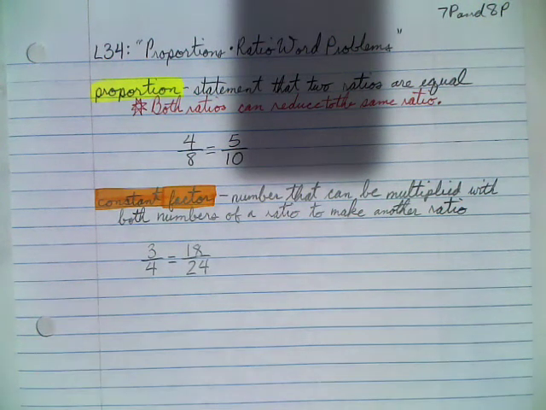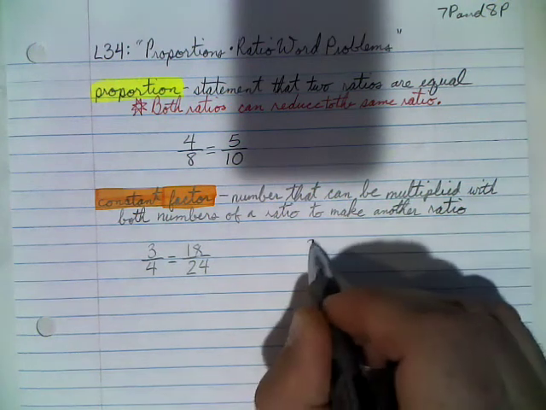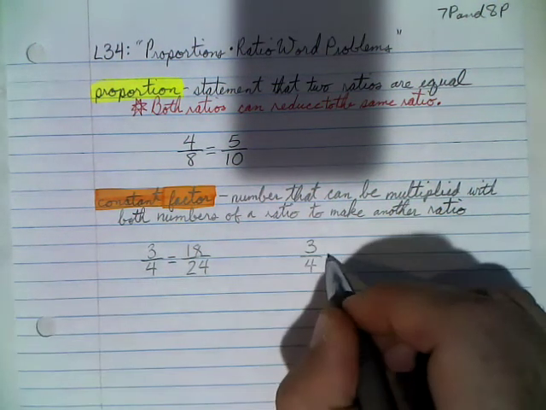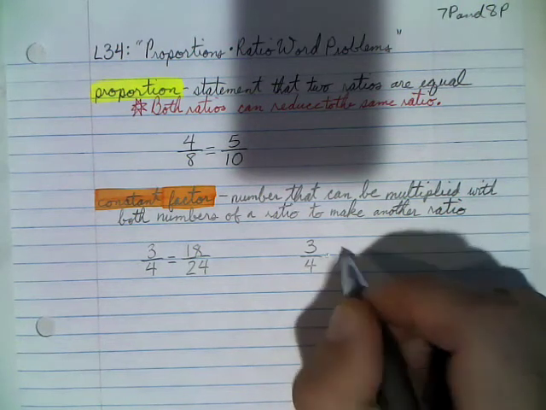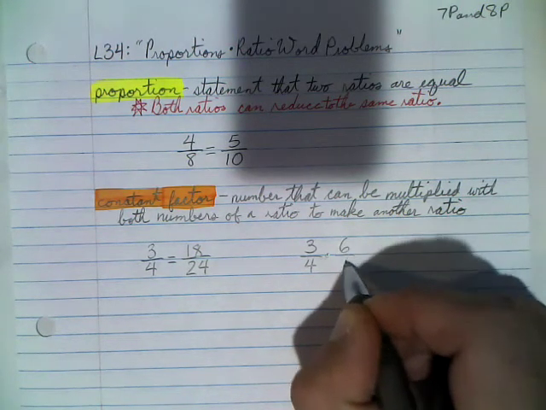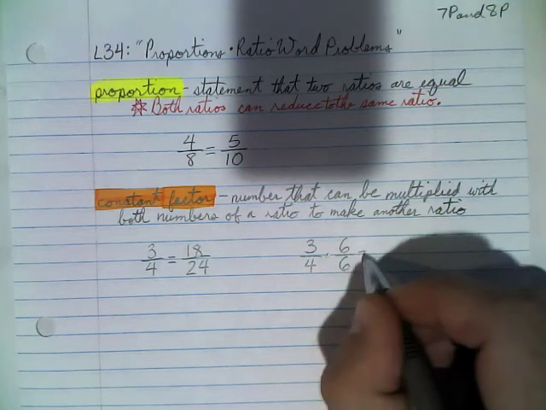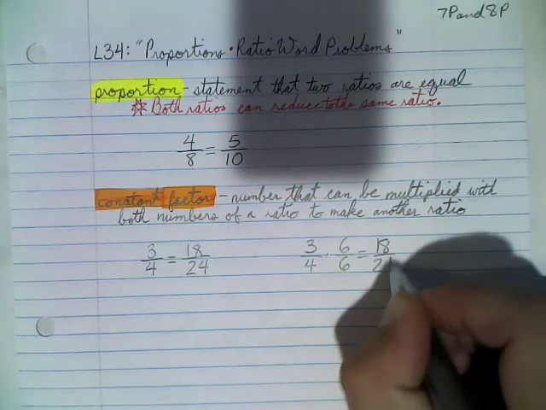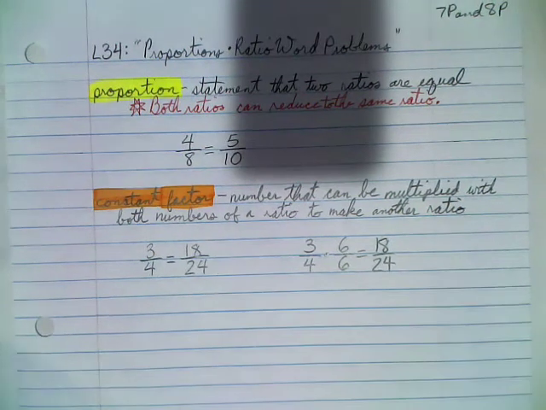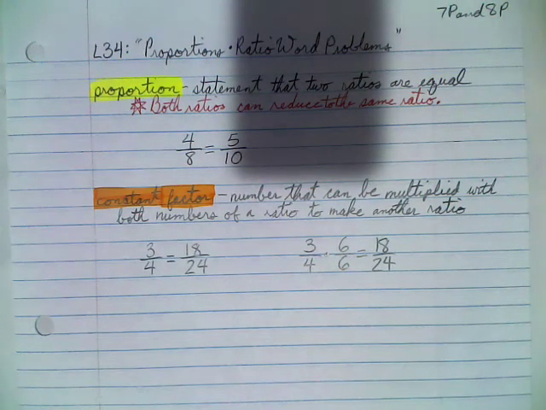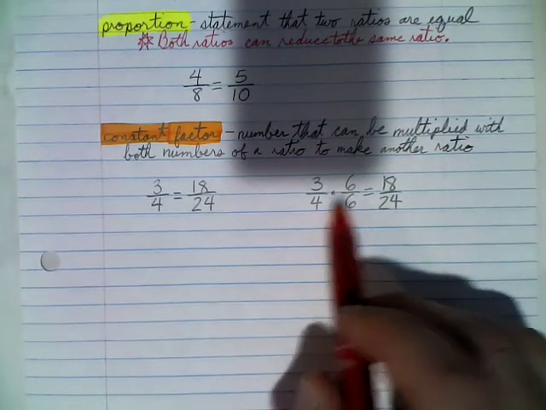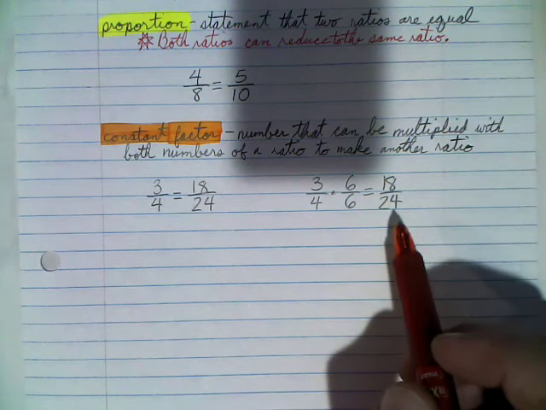Well, another way of looking at this is if I have 3/4, if I were to multiply this by 6/6, 3 times 6 would be 18, and 4 times 6 would be 24. There's my 18/24. And so I've just proved that these two things really are equal. If you multiply something by a form of 1, this will be equal to the result.